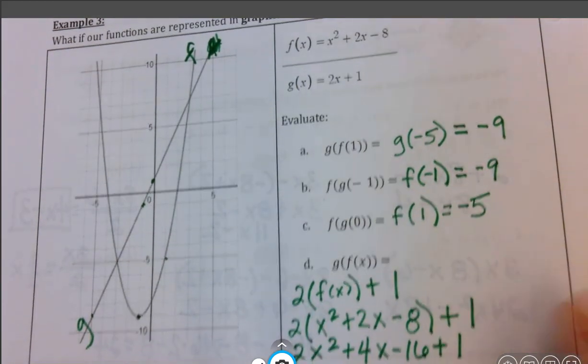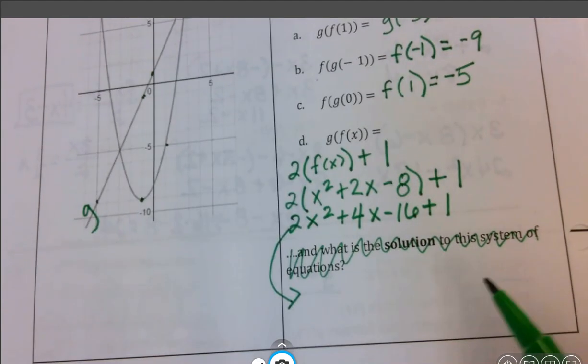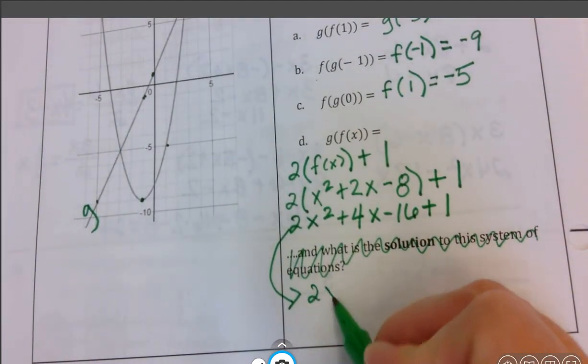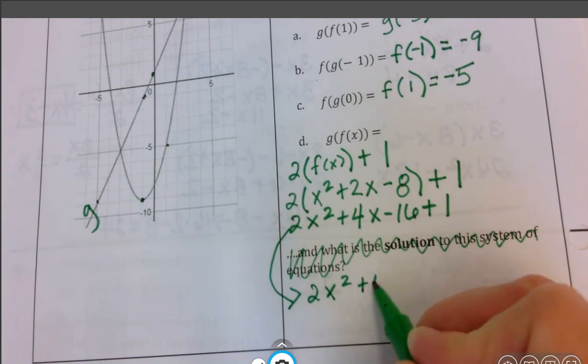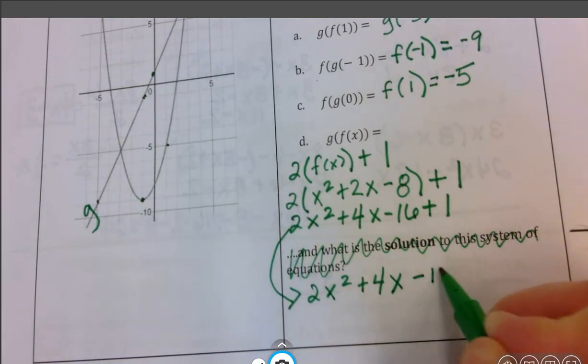And I cross this one out below, and I'm just going to continue working on this one. 2x squared plus 4x minus 15.